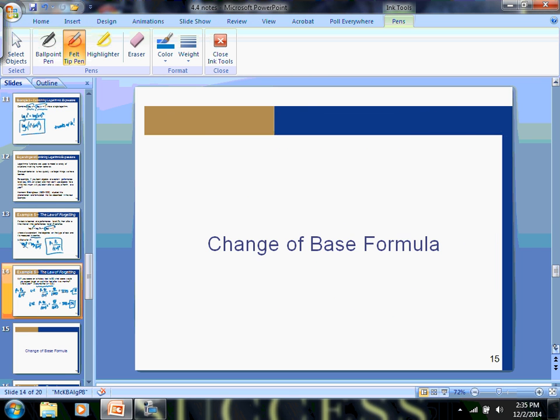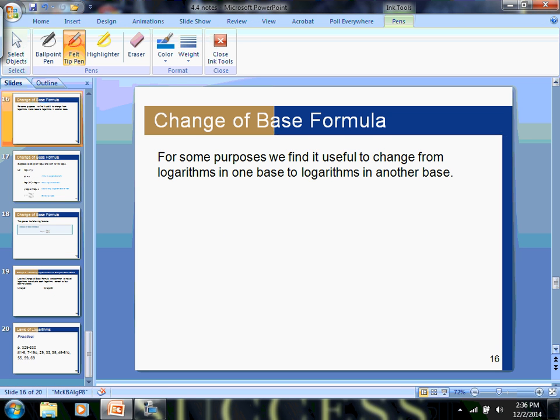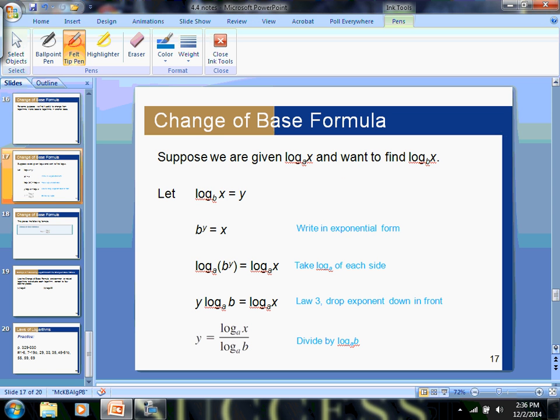Okay, and we have one last concept, aside from those applications of our logarithms, and that is the change of base formula. The change of base formula is just another way that we can solve a logarithmic expression. I think it's a little faster sometimes, and here's how it works.